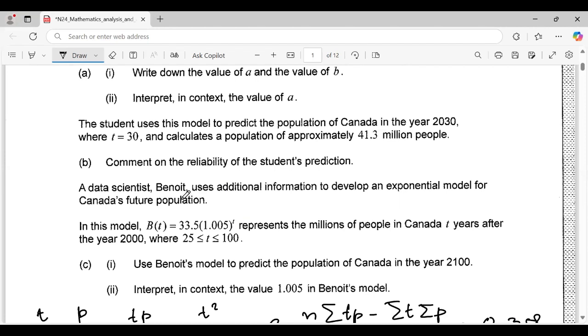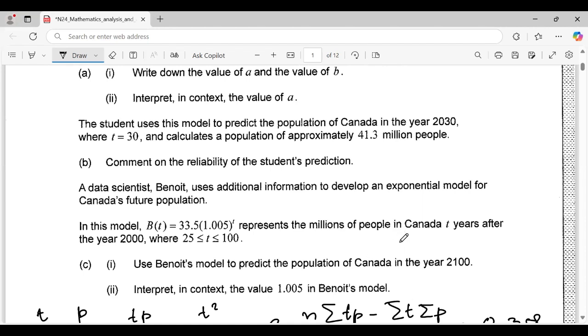In this model, B(t) equals 33.5 times 1.005 to the power t, representing the millions of people in Canada t years after the year 2000, where t is between 25 and 100. Use Benoit's model to predict the population of Canada in the year 2100.